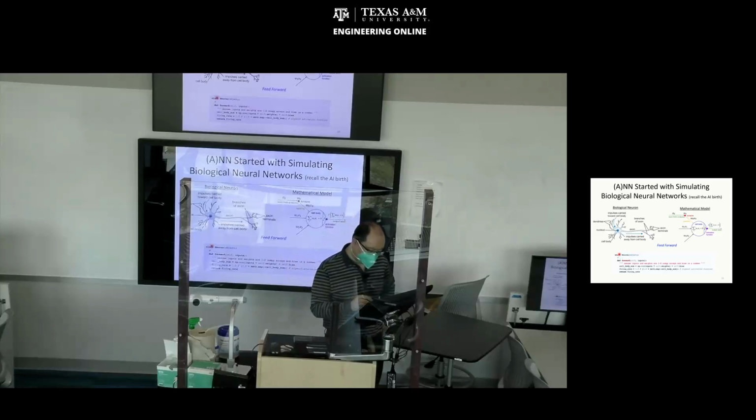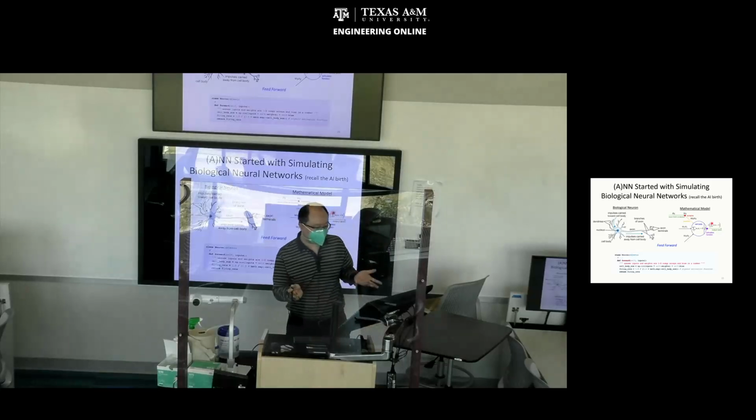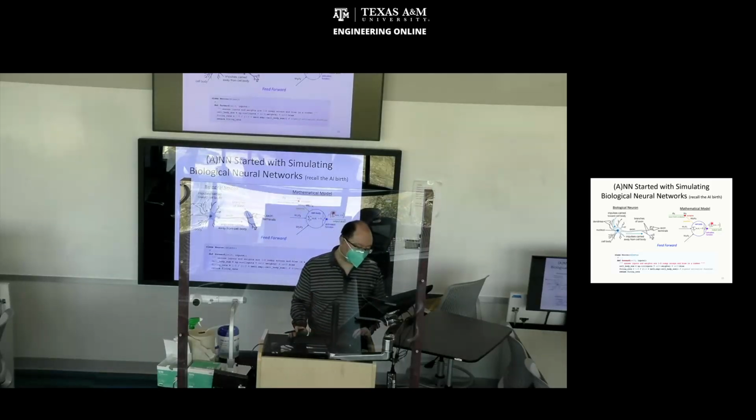We basically have the cell body sum, which is the sum over all the inputs times the weights, plus the bias. Weights are W, bias is B. And then there's some firing rate, which is essentially a sigmoid activation function. Then you return the sigma of this linear function. So that's really the motivation as well as the mathematical foundation for feed-forward neural networks.